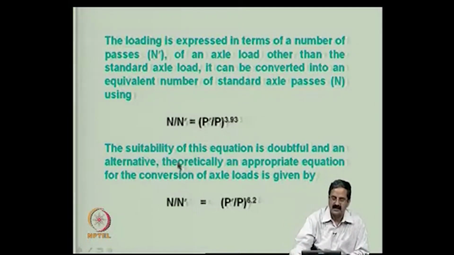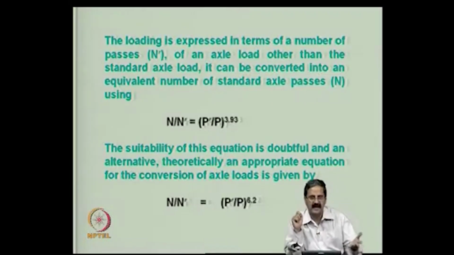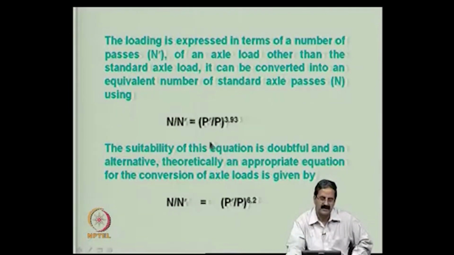You have an expression here, N is the standard axial load repetitions and N dash is for the non-standard axial load. Say for example, 12 ton, okay, standard axial is 8 tons. So, in this case P dash is 12 tons and P is 8 tons. If you just put those numbers, P dash is non-standard and N dash is non-standard.